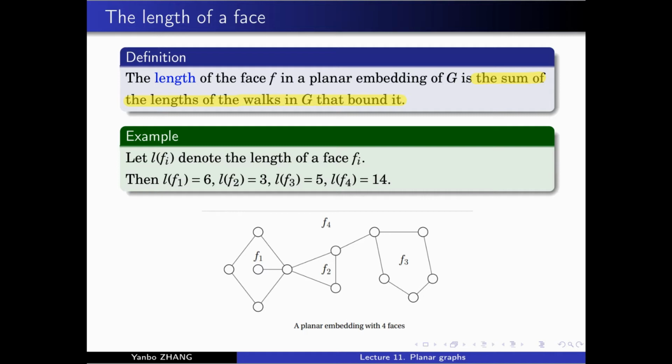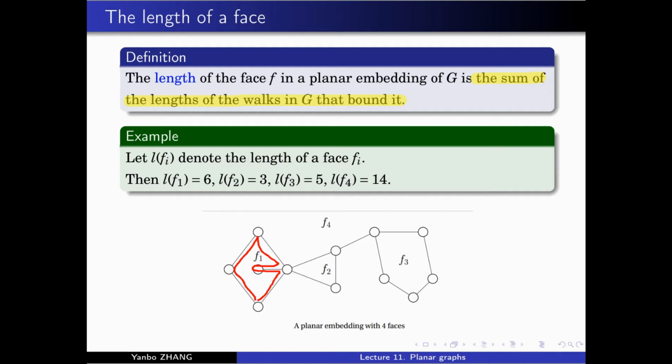The plane graph below has 4 faces, F1 to F4. Let's calculate the length of the faces. For F1, the length of F1 is 1, 2, 3, 4, 5, 6. The length of F1 is 6.